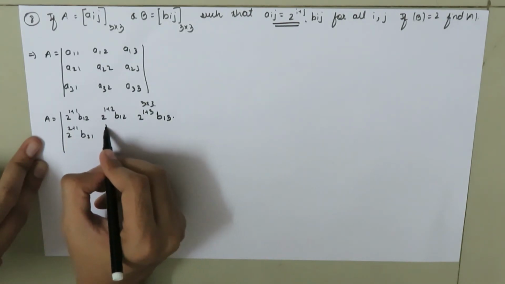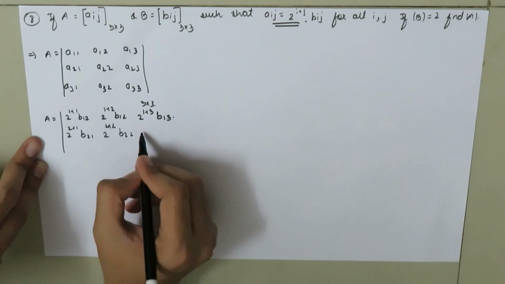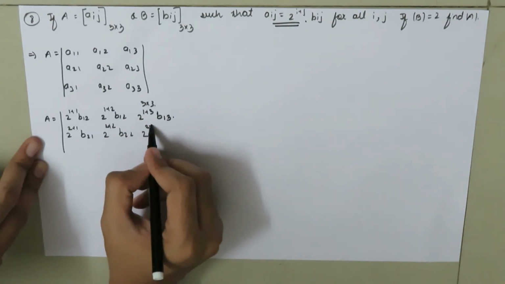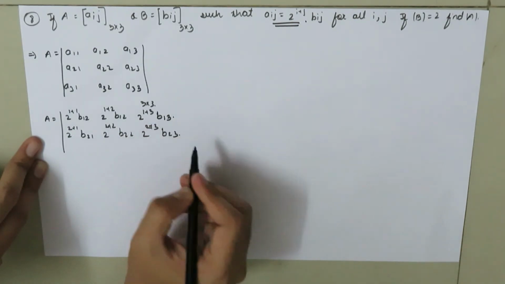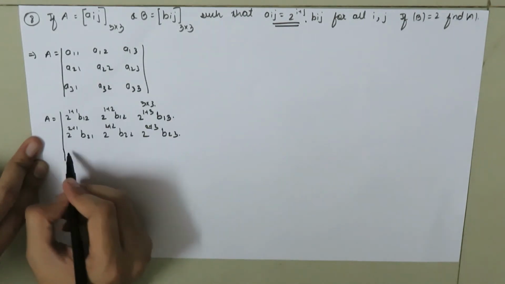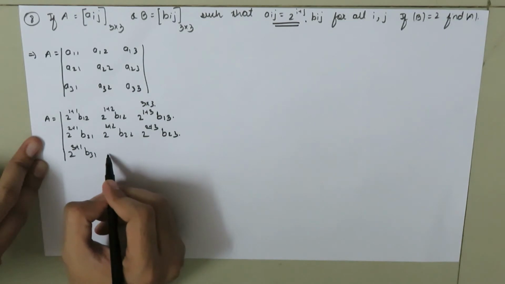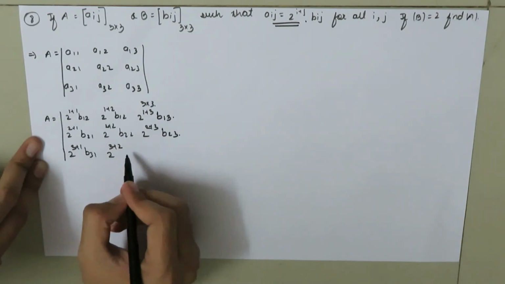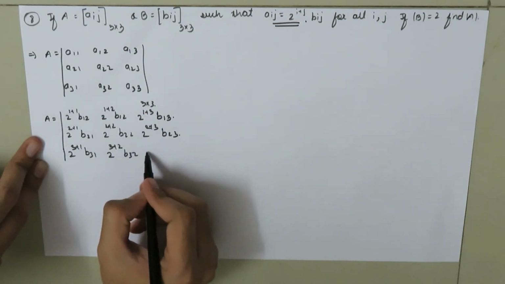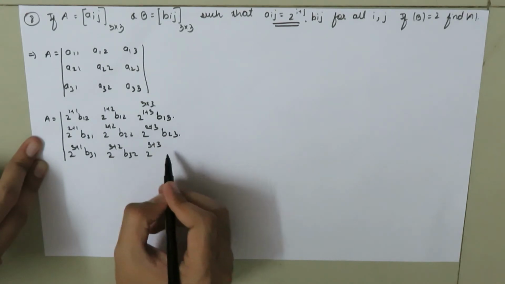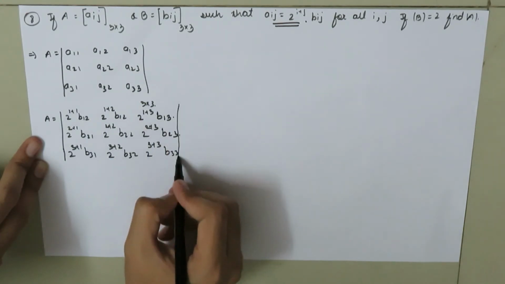This will be 2 to the power 2 plus 2 times B22. This will be 2 to the power 2 plus 3 times B23. And here we have 2 to the power 3 plus 1 times B31. Here we have 2 to the power 3 plus 2 times B32. And here we have 2 to the power 3 plus 3 times B33.